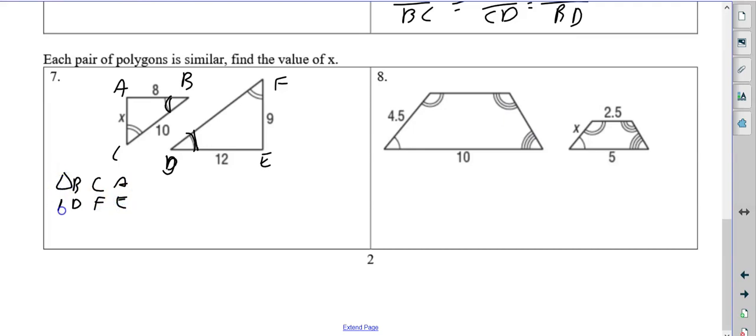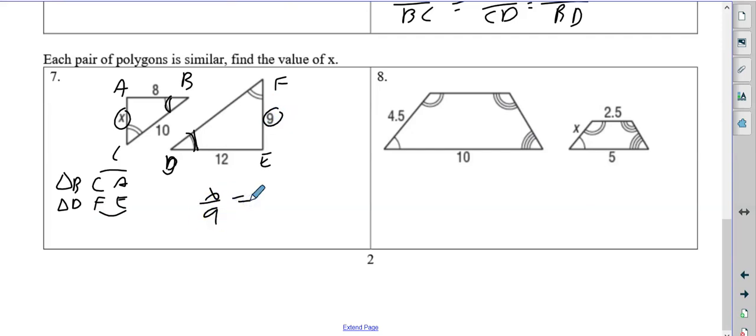So that tells me those triangles. Now, when I'm trying to see what X corresponds to, that's AC. Well, that means it corresponds to EF. So X corresponds to 9.